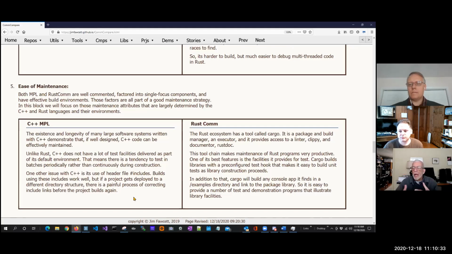Demonstrate different features of the library, or do some testing that wasn't convenient to do in the unit test in the library. So all of that comes right out of the box with the Cargo tool in Rust. For C++, there are lots of test frameworks, and Mike used one of them for building MPL, but as Mike said, they're bolt-on. They don't come out of the box.